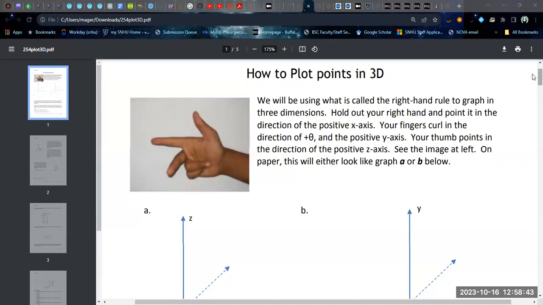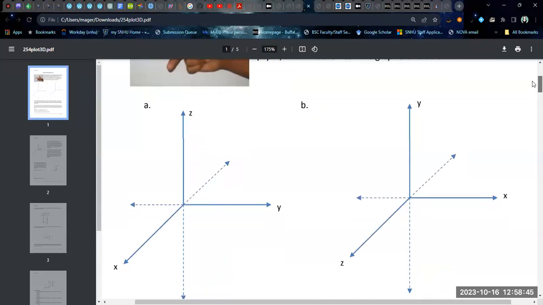Typically, the way this is going to appear on paper is in one of these 2 drawings here. So I'm going to primarily be using X coming out of the paper with positive Y to the right and then Z pointing upward. But I have also seen other people, particularly in some textbooks, although the one that I'm going to show you with the A version, that is very common in textbooks.